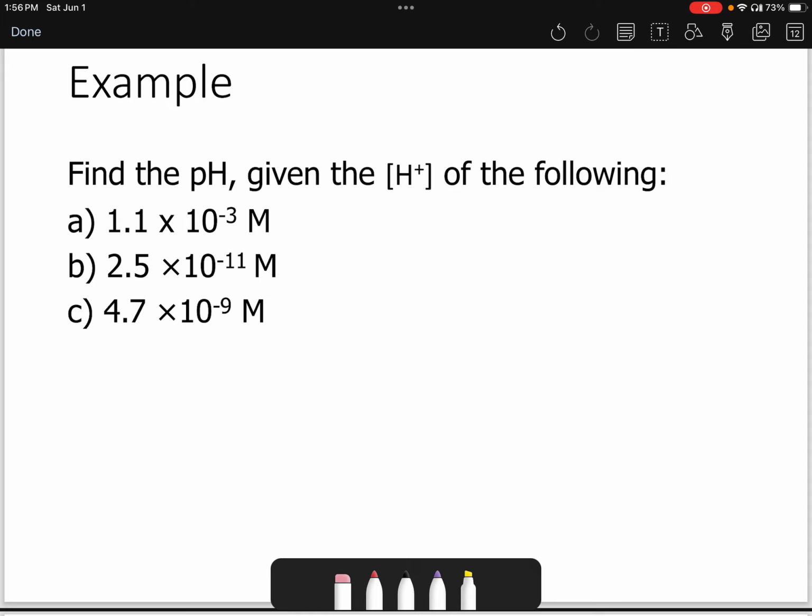And C, we have 4.7 times 10 to the negative 9th. And remember, the equation for pH is equal to the negative log of the concentration of hydrogen ions. So really all you have to do is plug those values in for each one and then see what your calculator gives back. So pause the video and see if you can calculate those values.